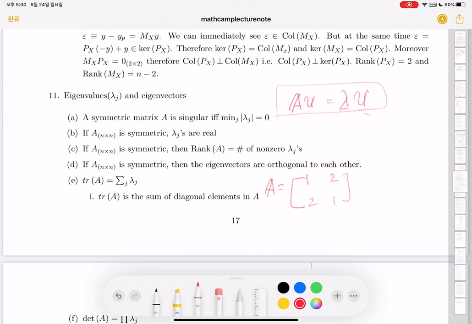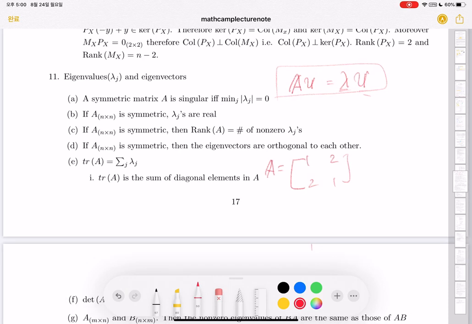Then this matrix equation becomes: A minus lambda identity times v is 0. From here, you get this condition: determinant of A minus lambda identity is 0. This is called the characteristic equation.